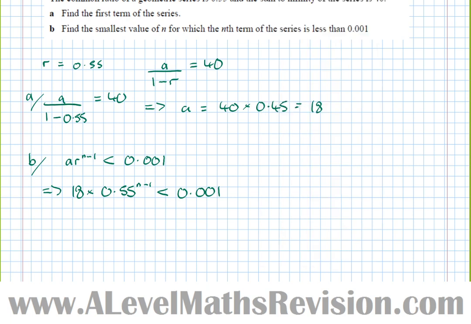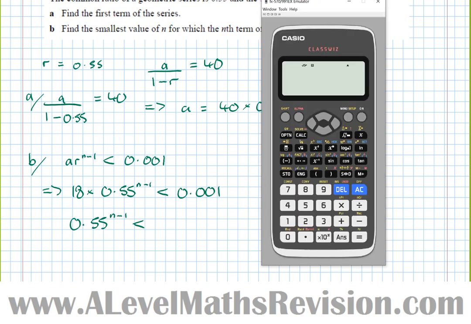But we're not ready to log both sides yet, because this 18 is still attached to our exponential part. So I'm going to divide by 18 first, which means that 0.55 to the power of n minus 1 is less than 0.001 divided by 18, which we'll keep as 1 over 18,000.